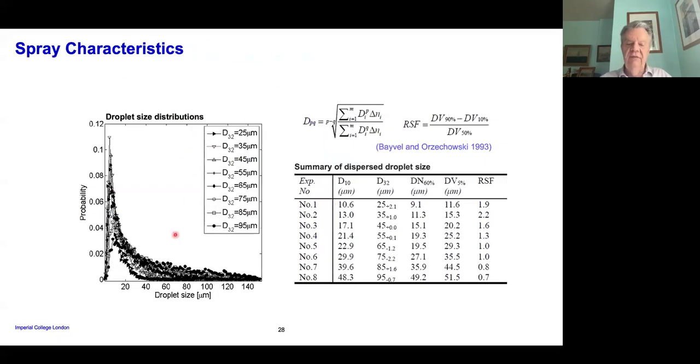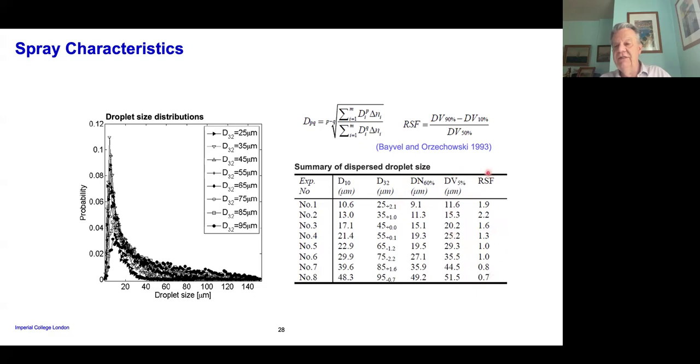So we measure with the phase Doppler, and you see multiple size distributions. You do have a problem of how to characterize them. At least you use a Sauter mean diameter and you see that we keep increasing it by changing the operating conditions, but we can also use different mean diameters, such as the arithmetic mean or a number-based one, or 60% or 5% by volume.